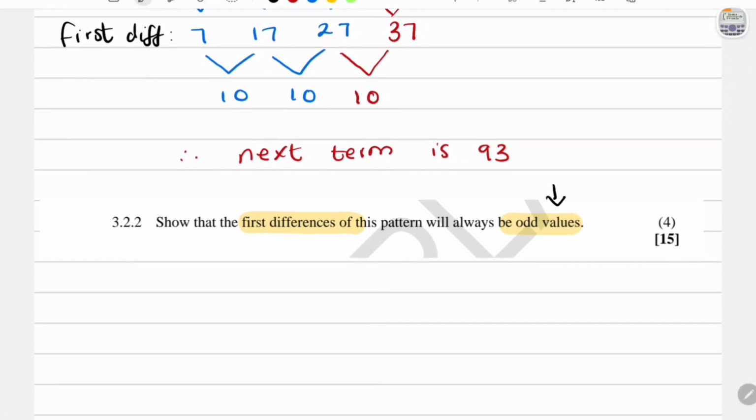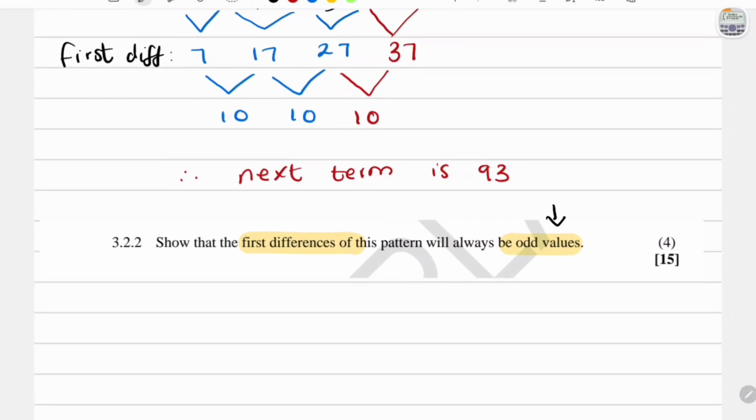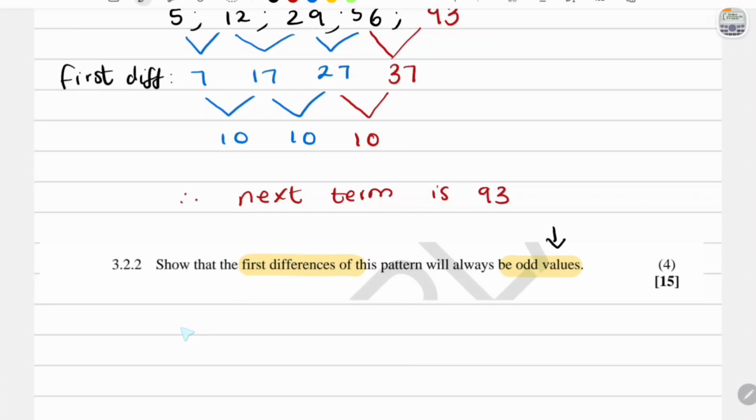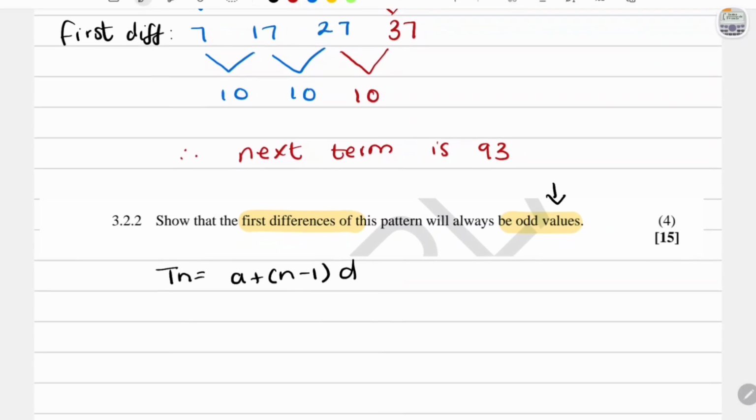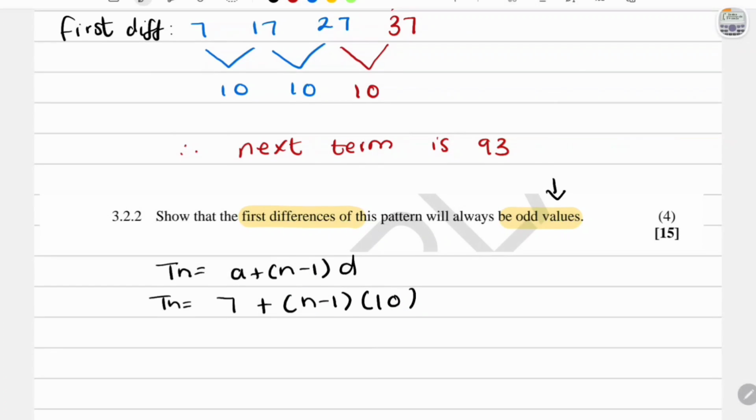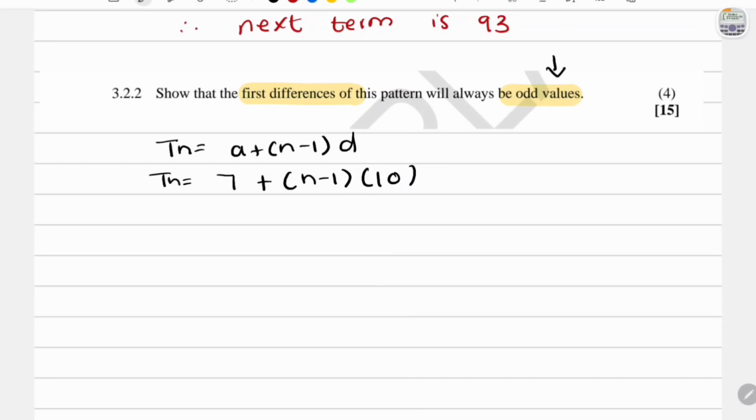It is the first difference, so it's an arithmetic pattern. The formula for an arithmetic pattern is Tn is equal to a plus n minus 1 multiplied by d. So Tn is equal to, our a value is 7, plus n minus 1 multiplied by our difference, which as you can see is 10. That's the constant difference. Okay, so this is what we have.